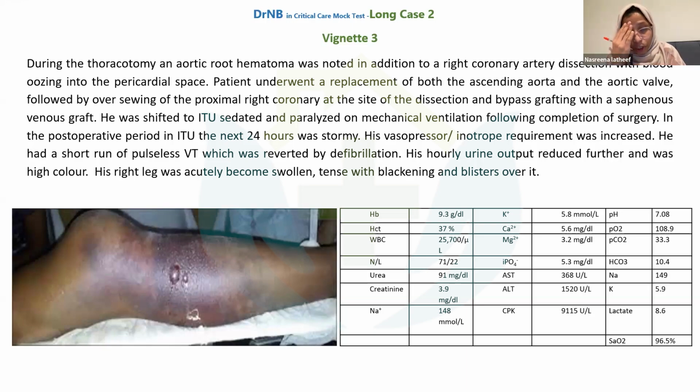We will have to measure the delta pressure and the compartmental pressure. If the delta pressure is more than 30 mmHg, it is more in favor, or we will get features of pulselessness, paresthesia, severe pain, pallor. These are the clinical features.